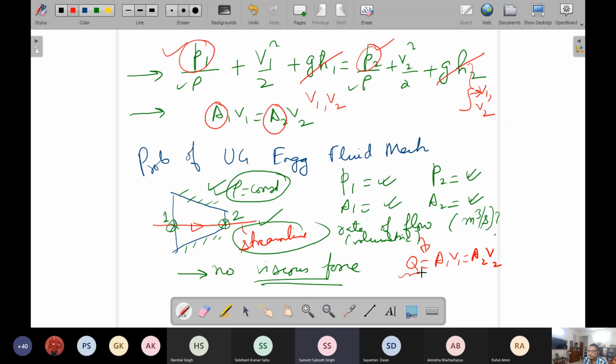I mean, anybody disagree? Sir, in Bernoulli's equation, V1 and V2 are not average velocity, but in the continuity equation, V1 and V2 are average velocity. That's not right. I mean, now we recognize that, but to solve this problem, you would have used this approach only. Yes, sir. In undergraduate, I would have approached this. You would have approached this, right? And you would have got the correct answer.